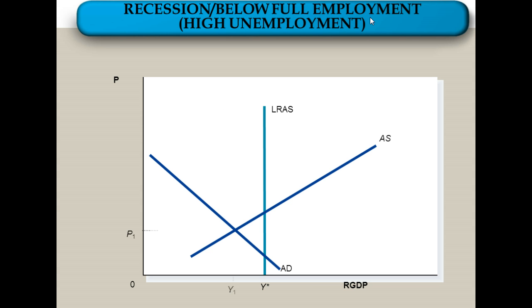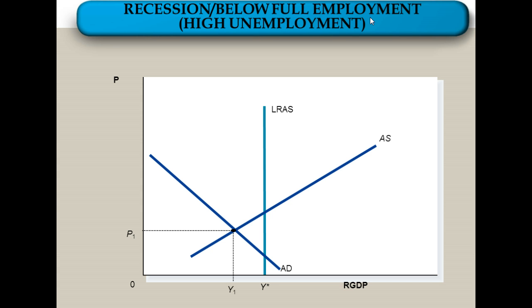Now, you'll notice that in this case, prices are quite low, generally speaking, on this graph. But what you'll also notice is that we've labeled not only P1, but also Y1. Y1 is what we call the current GDP, the actual amount of GDP we're producing. Y star still represents where we want to be, but Y1 represents what we actually are producing.